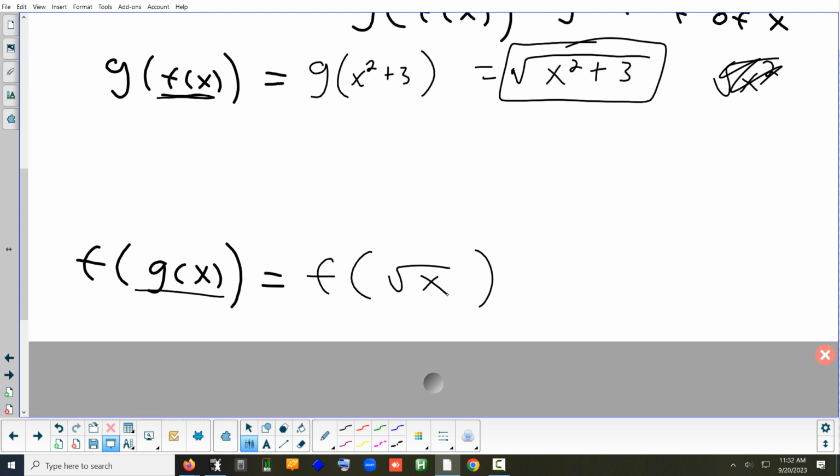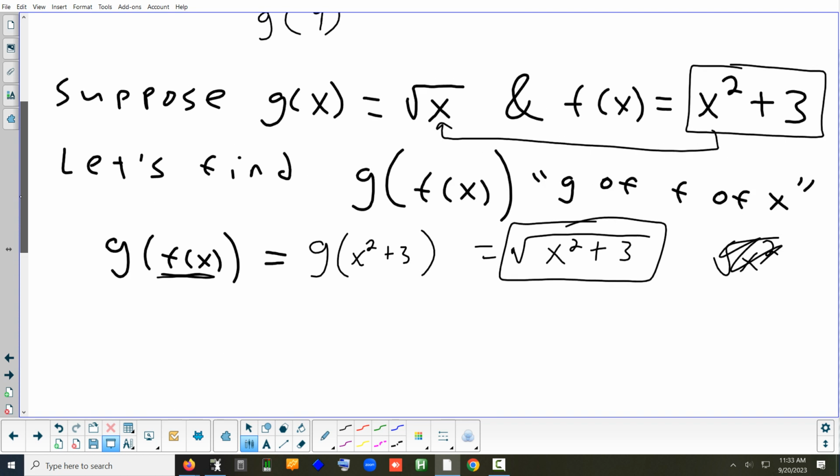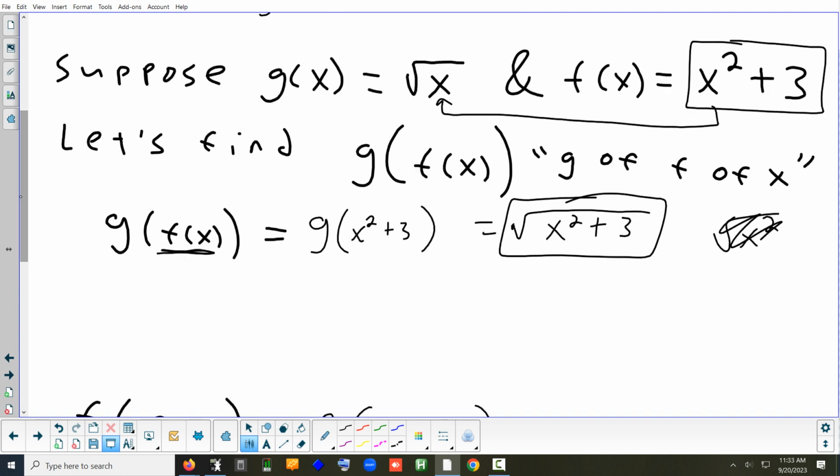So now in the f formula, everywhere you see a variable, you're going to replace it with square root of x. Now if you can simplify it, I don't want to yet, we'll do that in the next step. But I just want you to look at the f formula and change the variable to square root of x. What would you get if you did that? Yep. The square root of x, squared, plus 3.